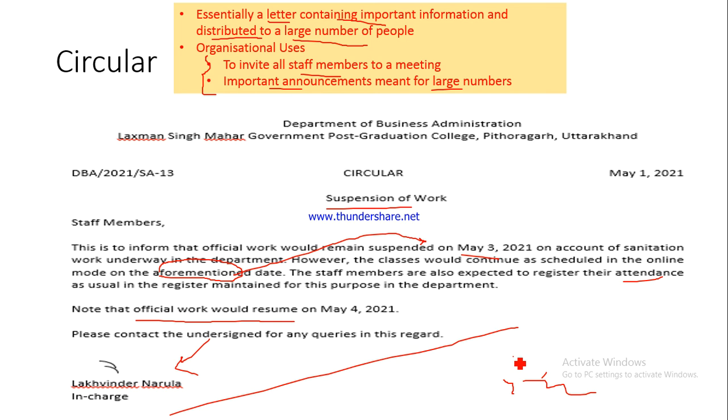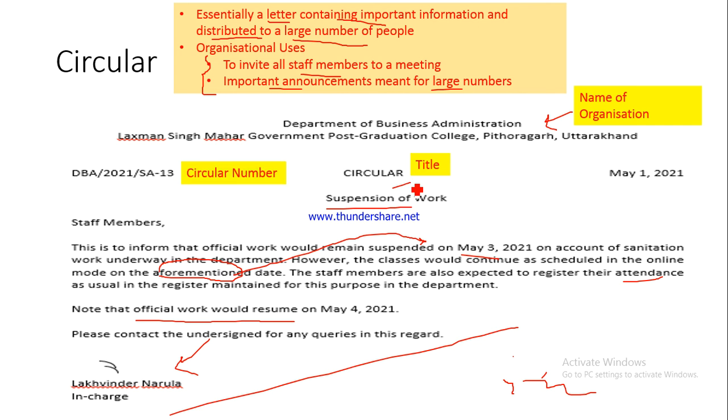Fine. Now have a look at the different elements in a circular. This is the name of the organization, and I hope you remember that it is just like in the case of notices. Then have a look at the title here. There the title was notice, here the title is circular. Then this is slightly different. Circular number has been mentioned. It is something like a reference number, so that we remember.